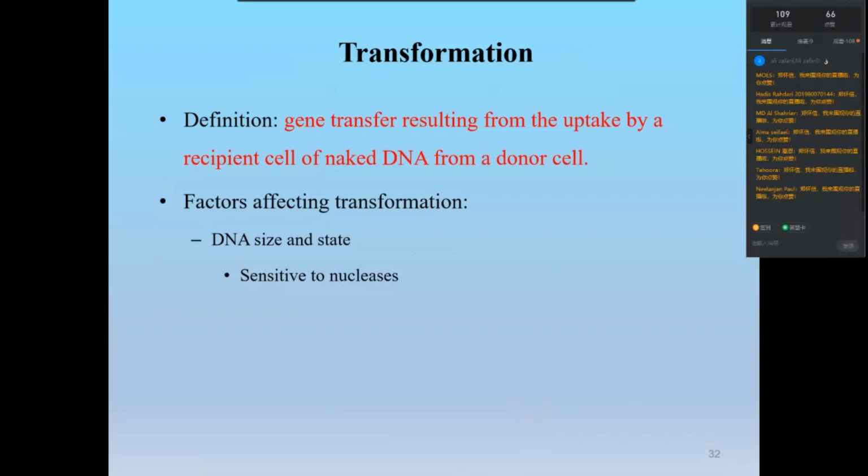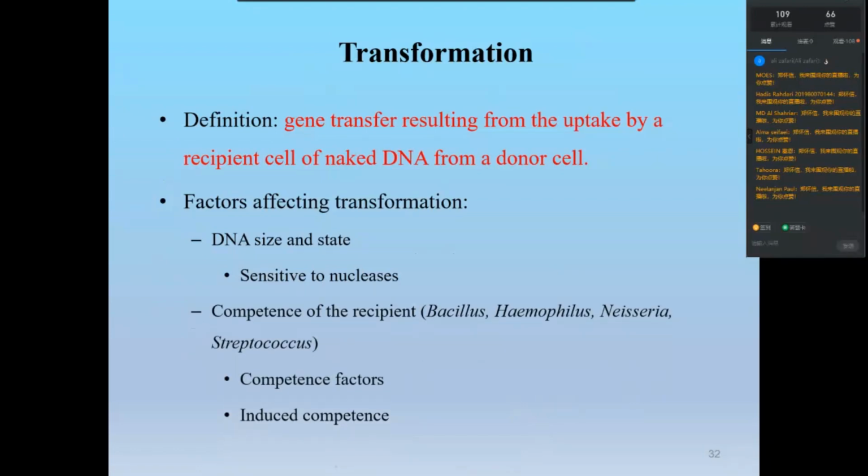If it's double-strand, supercoiled, that's better. And if the DNA is from the environment, we also need to consider factors in the environment, such as DNA molecules being sensitive to nucleases, like DNases, which can degrade DNA. And you don't want the DNA to be exposed to nucleases.